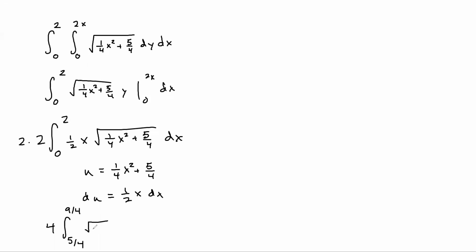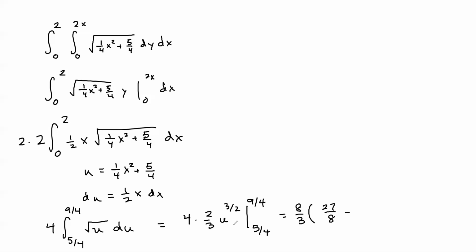Then we have root u du. This is u to the 1/2. The antiderivative of that is 2/3 u to the 3/2, from 5/4 to 9/4. And we get 8/3. Plug in 9/4. 9/4 to the 3/2: you take the square root first, that's 3/2, and then cube, so we get 27/8, minus, and then plug in 5/4.